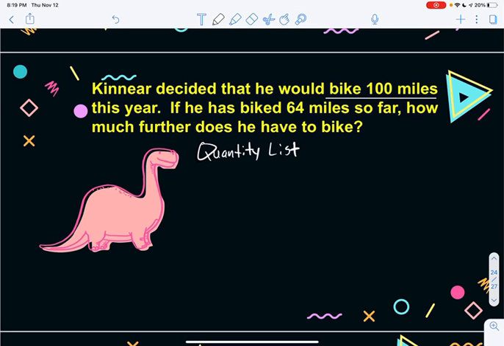So he wants to bike 100 miles. So his goal is 100 miles. He has biked 64 miles so far. How much more?